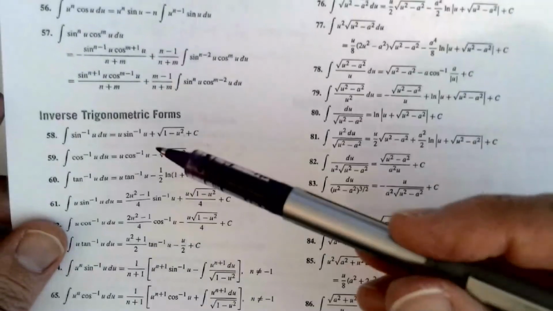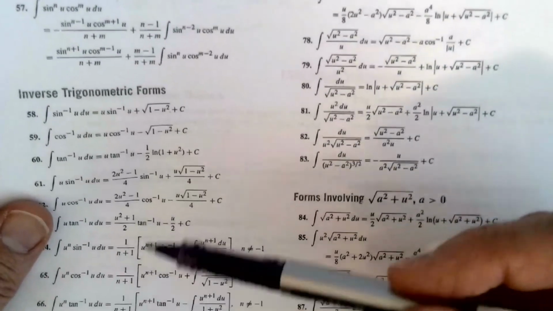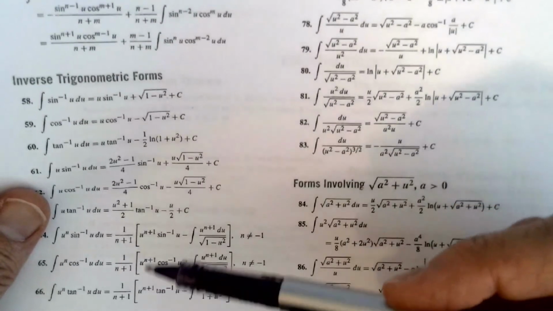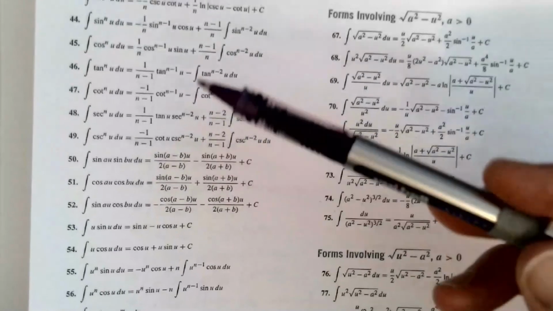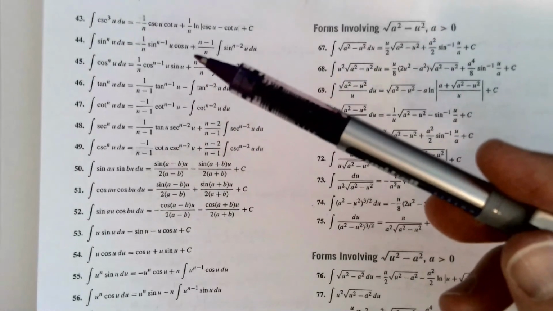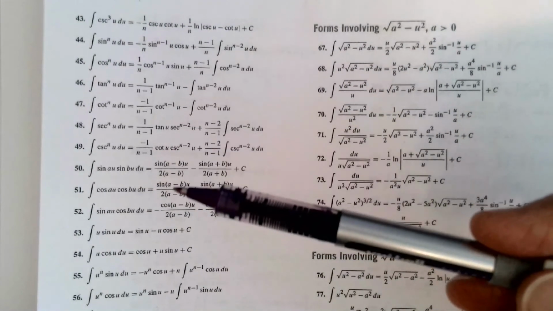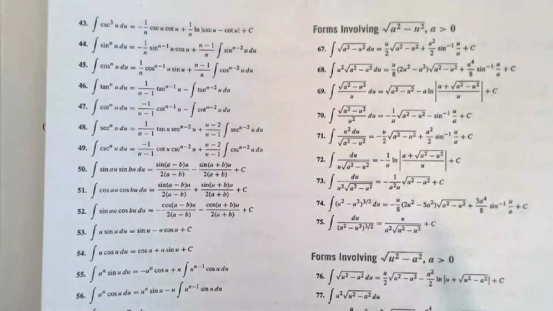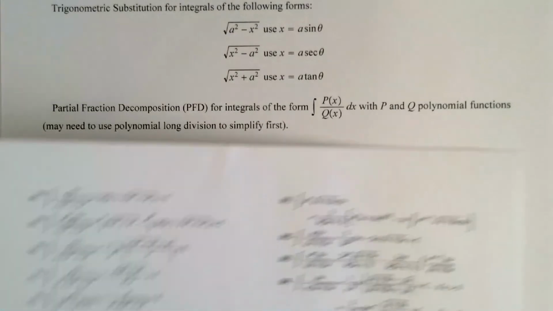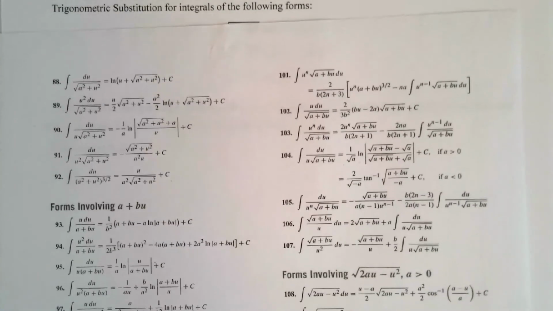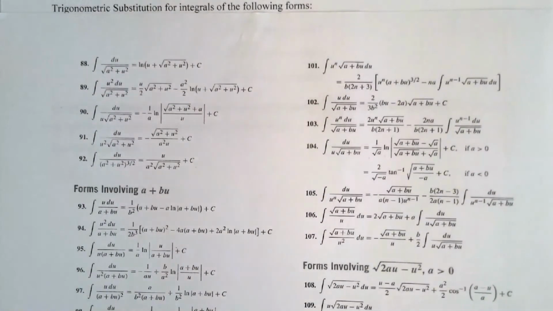But there are other forms on here, ones involving products of inverse trig functions and so on. We proved some of these and looked at some of these when we were doing trig integrals, if you remember. Okay, so we're going to look through this list. There are some more here as well, and we'll see what we come up with.